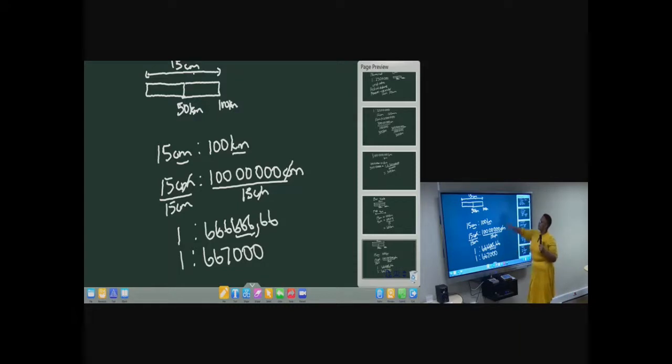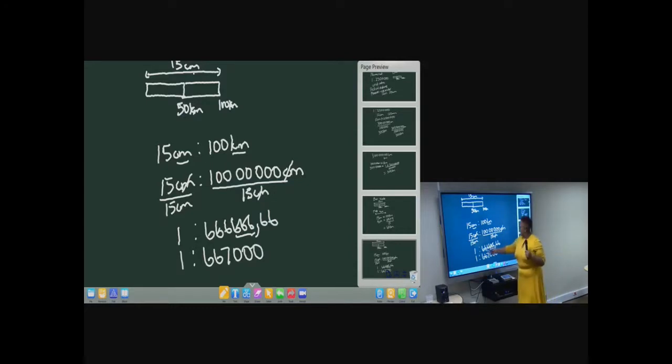You changed a bar scale to a numerical scale by measuring your bar scale, writing it as a ratio, converting to have the same units, getting a unit ratio, and then rounding depending on whether you have been asked to round. Let's say you were asked to round it to the nearest million.